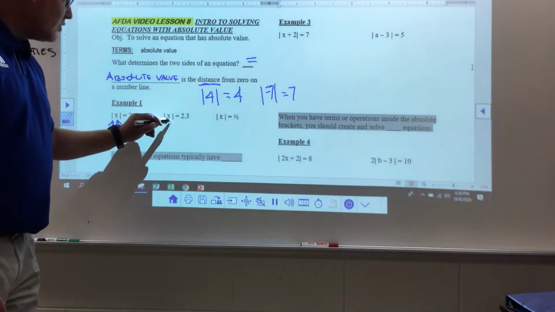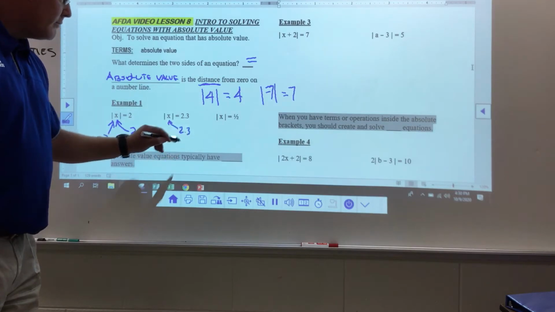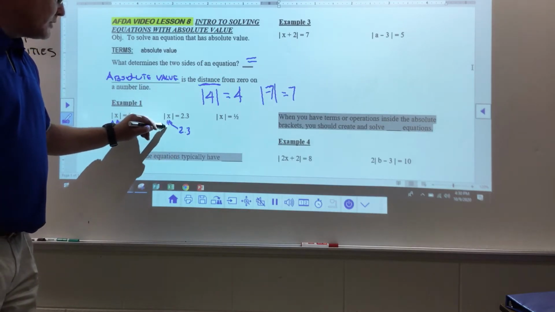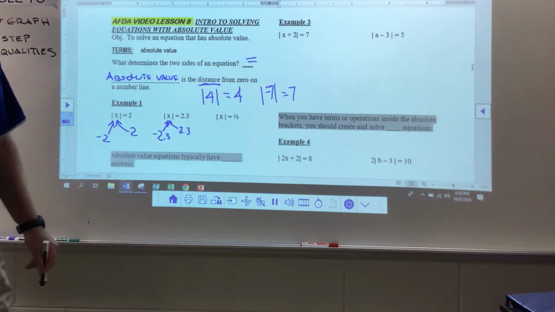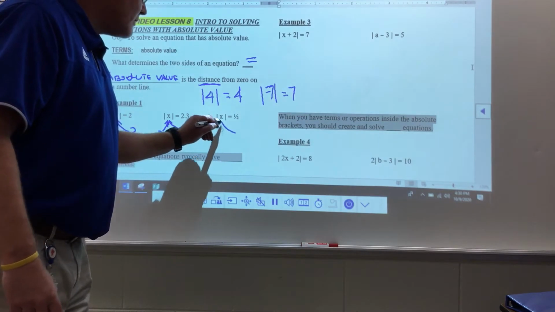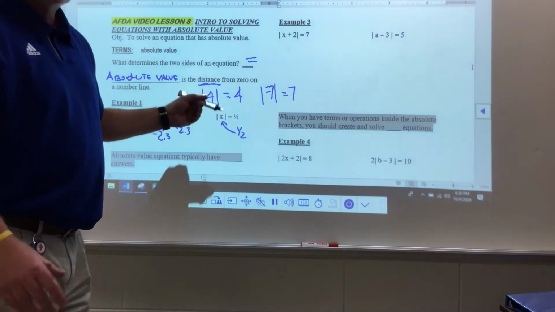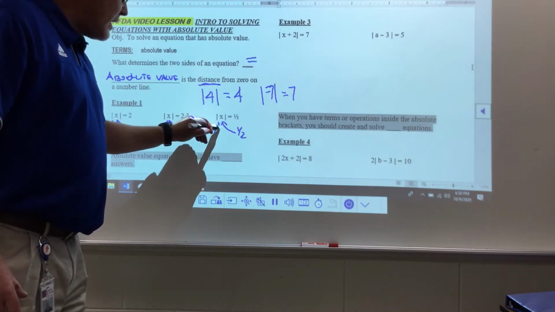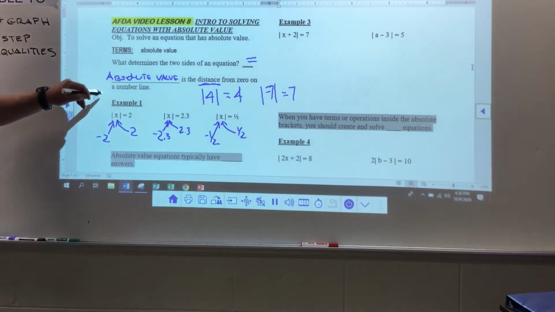Likewise, if you're looking at 2.3, it doesn't matter if it's a decimal, you know 2.3 is 2.3 from 0, and likewise negative 2.3. Doesn't matter if it's a fraction. How far is a half? Okay, 1/2 is half from 0. How about negative 1/2?